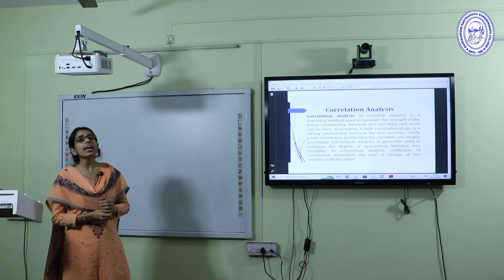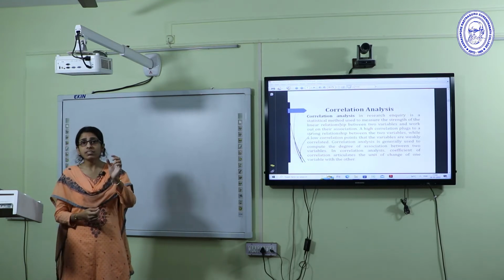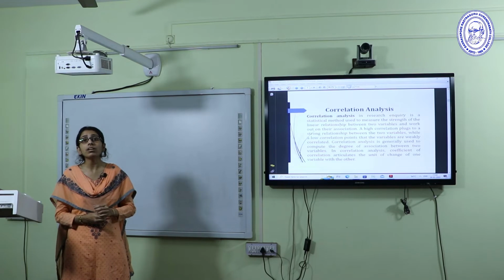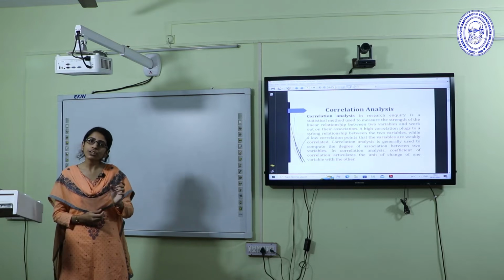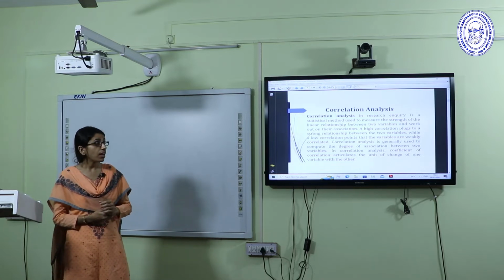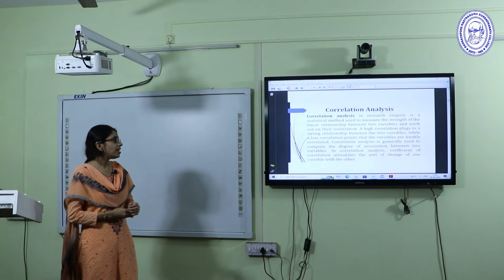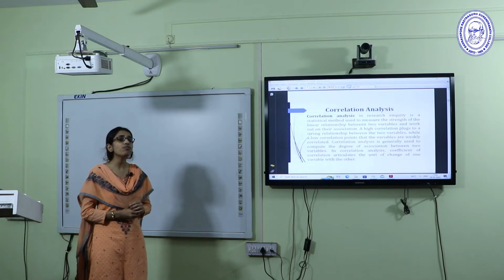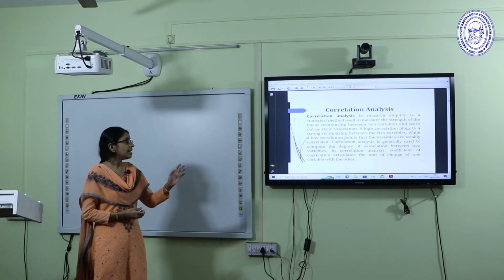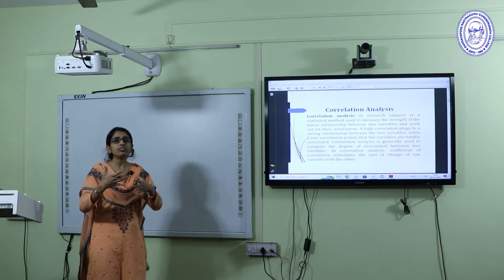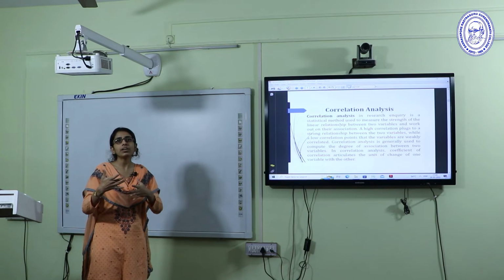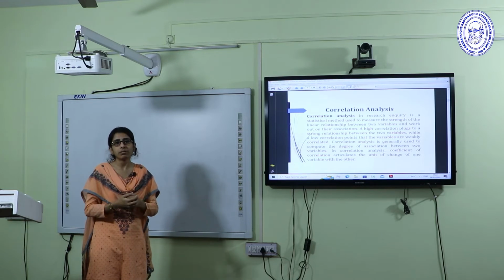In correlation analysis, a significant concept is the correlation coefficient or coefficient of correlation. This coefficient of correlation analyzes basically the unit of change of one variable relative to another variable.